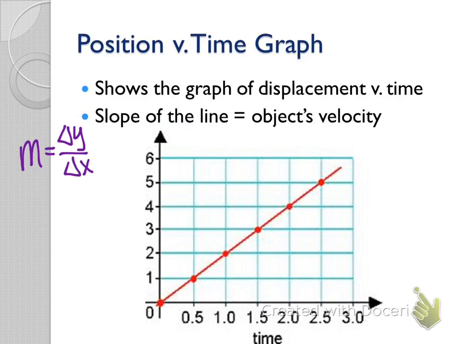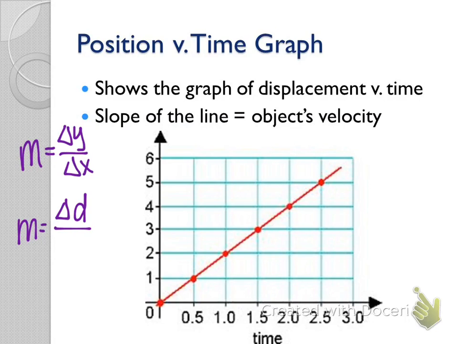Okay, so now let's look at this particular graph. What of our variables is on the y-axis? Position or displacement. How far you are from where you started. That's what's on the y-axis. So if we plug in our variables, we would say this was delta d, right?